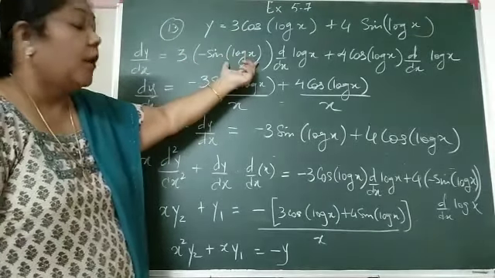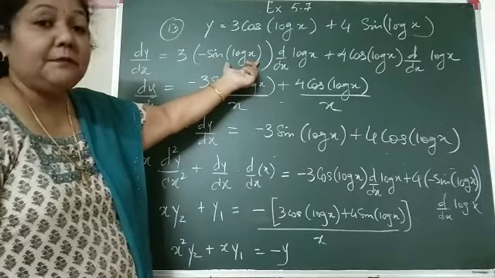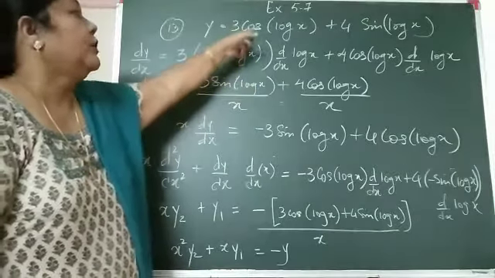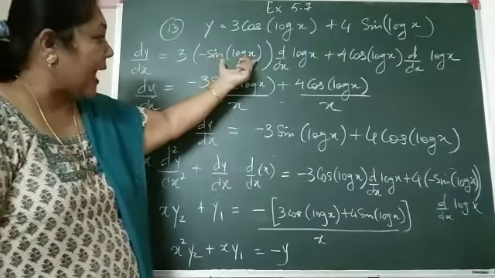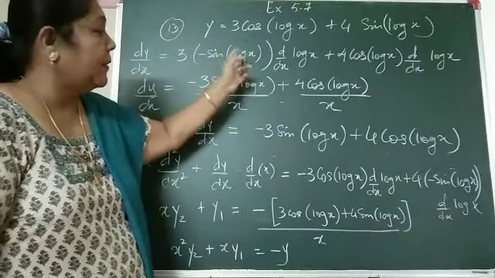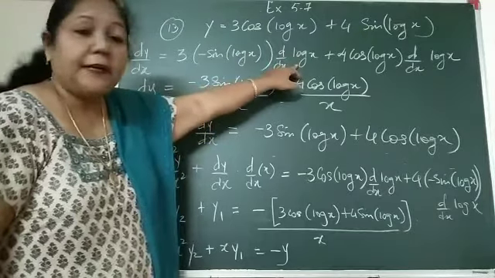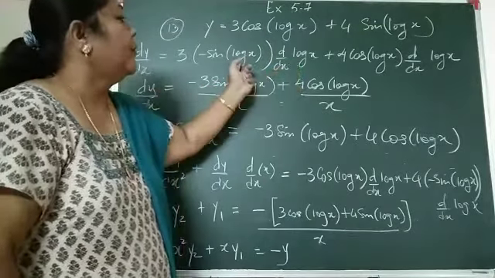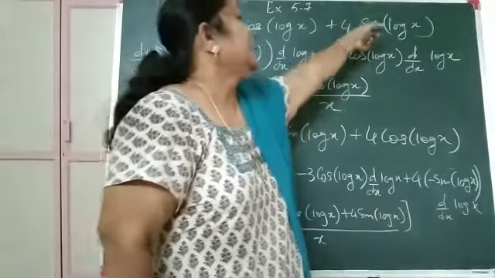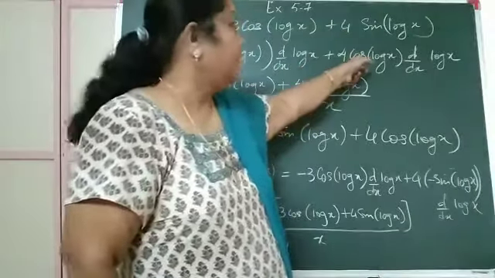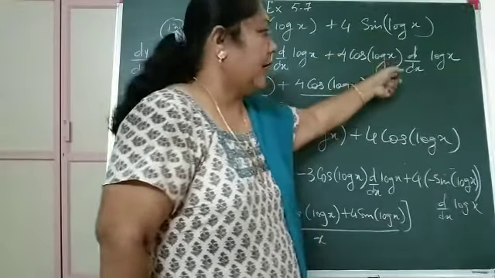But because log of x is not a simple x term, so cos would be differentiated to minus sin. But since its bracket is not a simple x term, by chain rule I differentiate that bracket again. So therefore d by dx of log x. Same way 4 is a constant. Sin was differentiated to cos, and cos of log x.